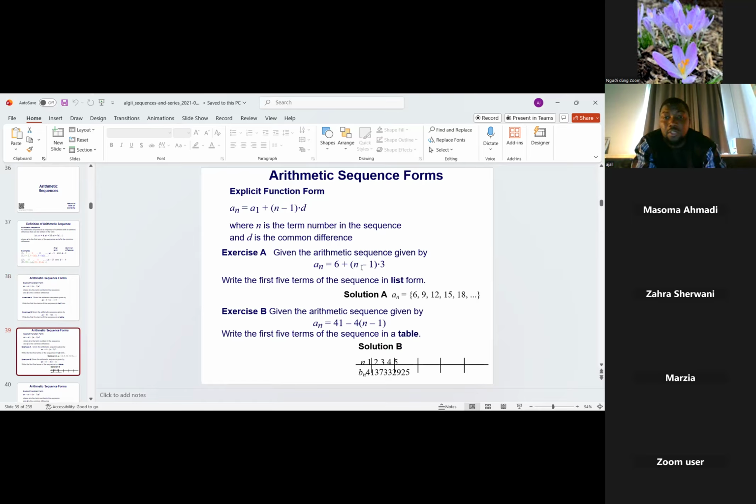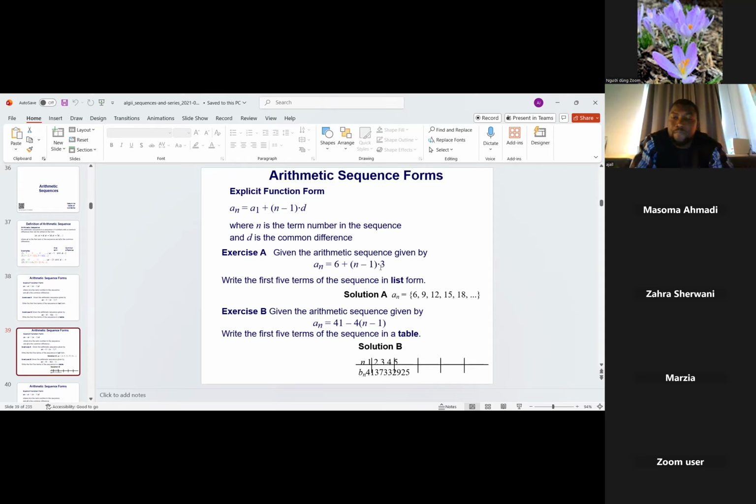The second term, a2, is 6 plus (2 minus 1) times 3. 1 times 3 is 3, so 6 plus 3 gives you 9. a3 becomes 6 plus (3 minus 1) times 3. You can just substitute directly in the formula to get the responses.